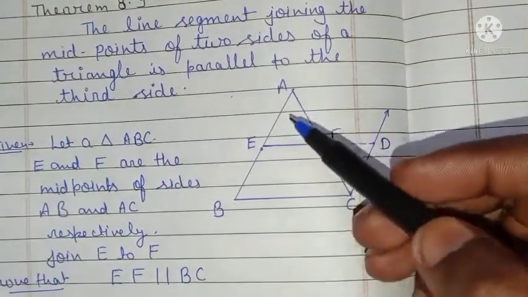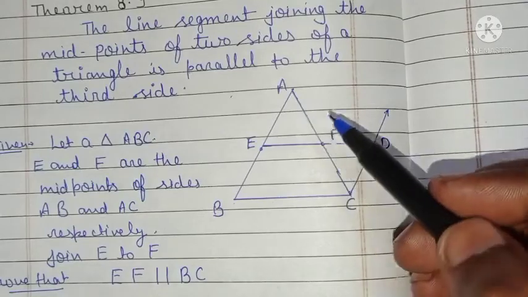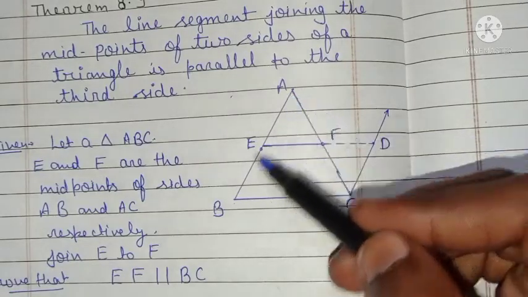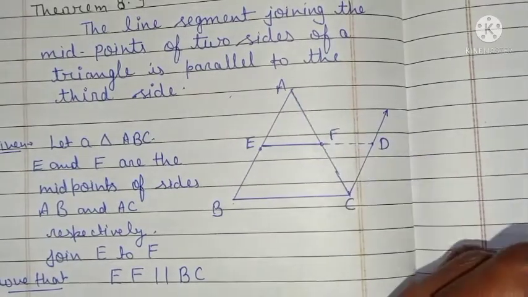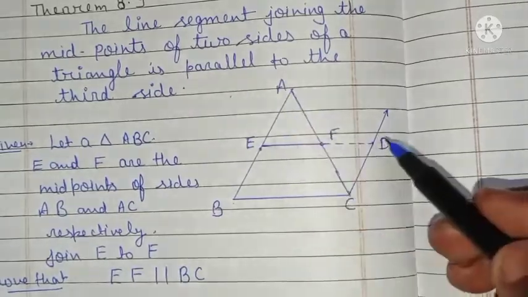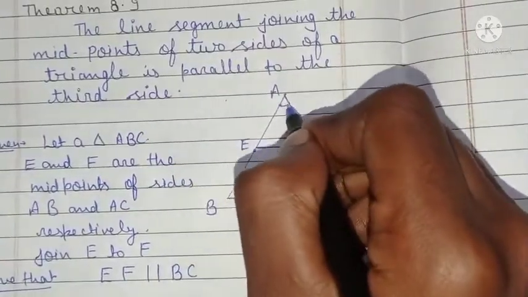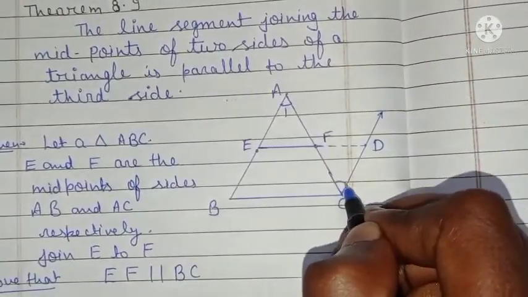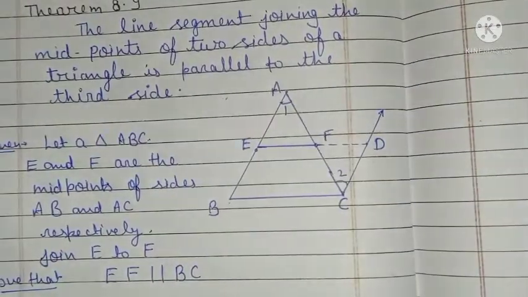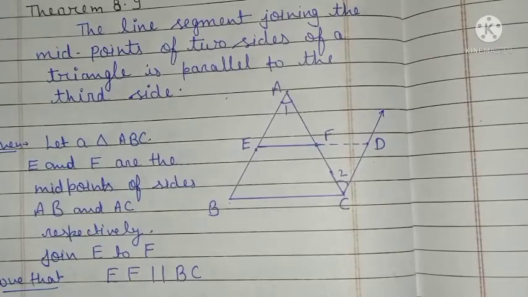Guys, AB is parallel to CD and AC is a transversal line. So angle 1 equals angle 2, alternate interior angles.